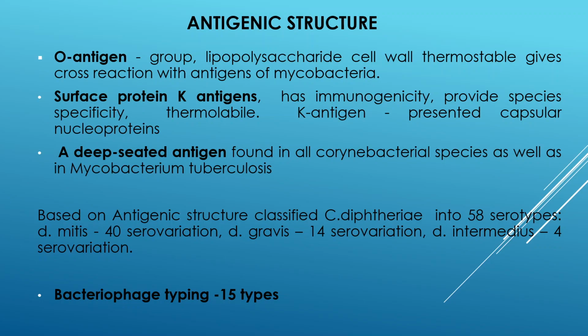Based on antigenic structure, Corynebacterium diphtheriae is classified into 58 serotypes: mitis includes 14 serotypes, gravis 14 serovariants, and intermedius 4 serovariants. By bacteriophage typing, Corynebacteria are classified into 15 types.